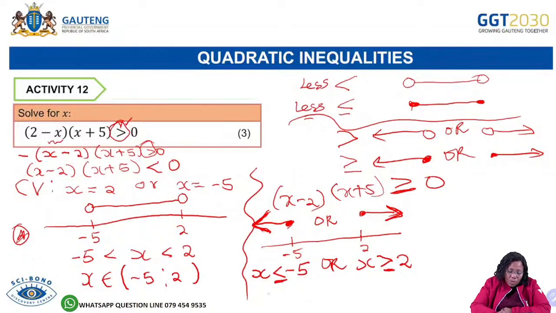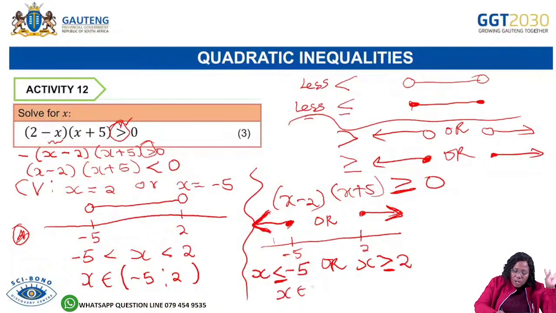With this one, it will be saying x is an element of, and it's not an easy one, because when we say this arrow goes to the left, it goes to negative infinity. So now infinity is not included. It will be a round bracket starting from negative infinity up to negative 5.